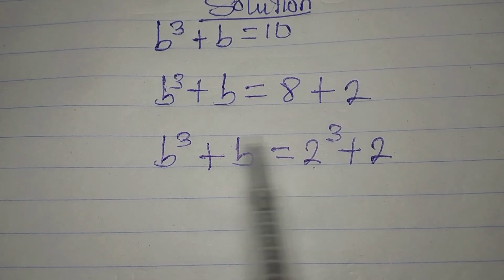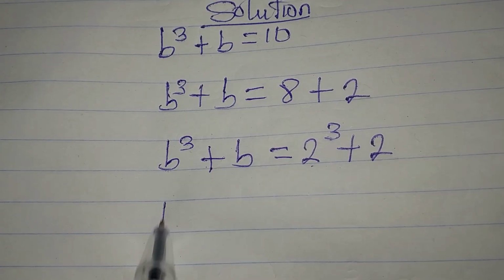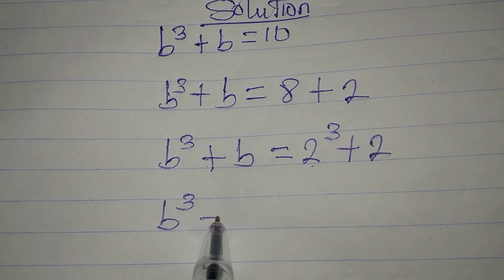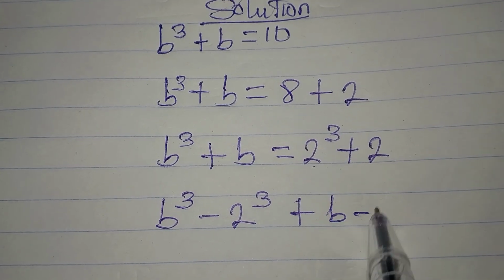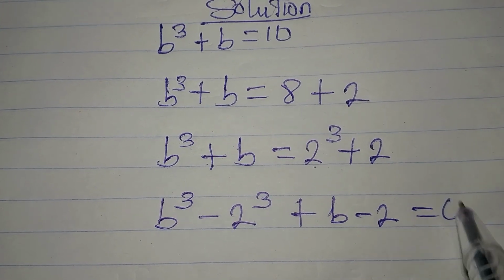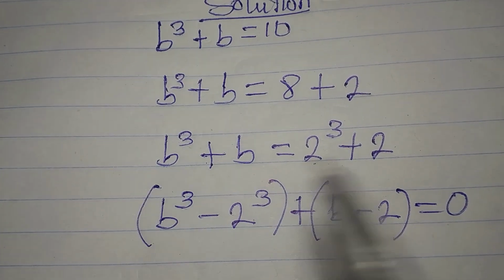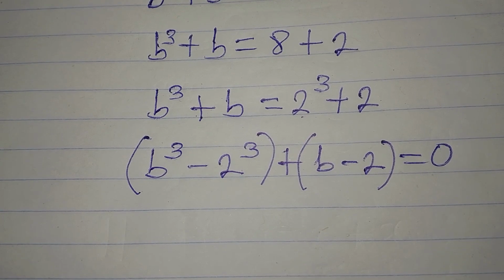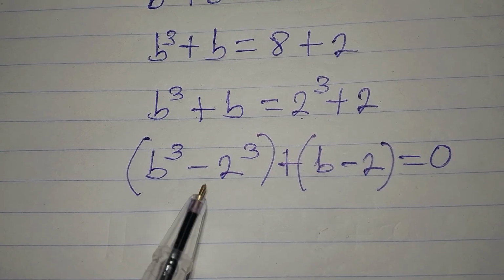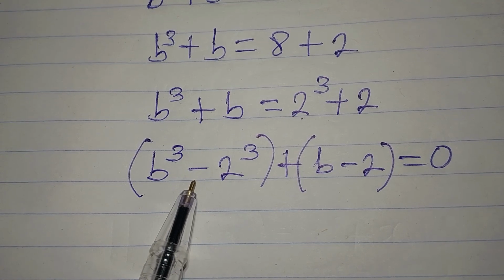So we need to bring this here and then connect b and 2. Now b to the power of 3 minus 2 to the power of 3 plus b minus 2 is equal to 0. So this will be a group and this a group. From here, it will be easy for us to proceed if you know that this is an identity. And what identity is this?